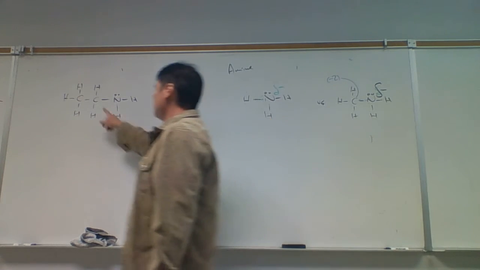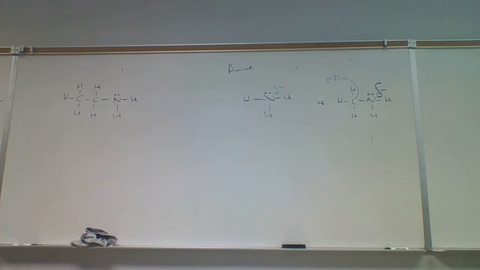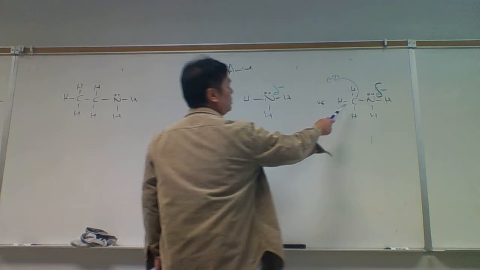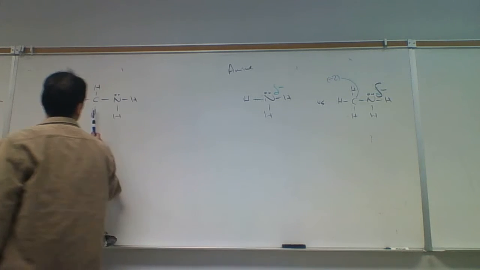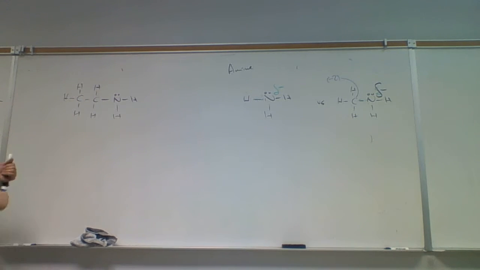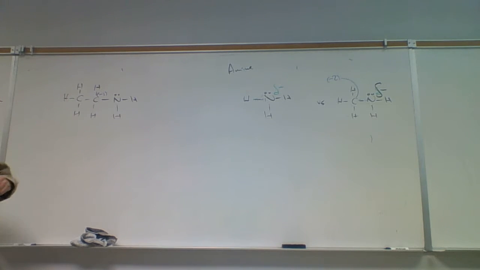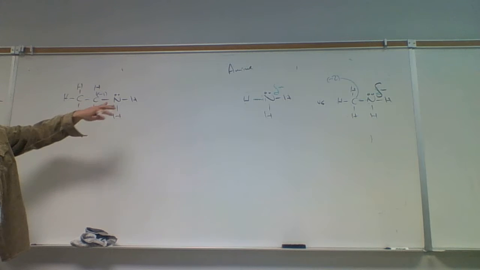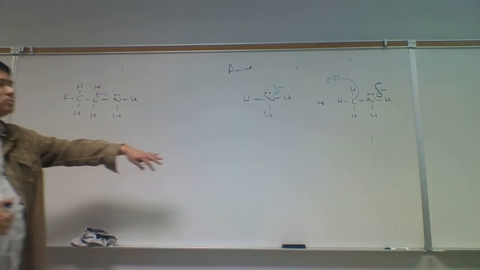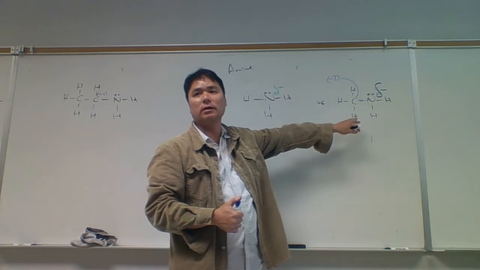What's the oxidation state on this carbon? Well, this one's -2. This one is going to be -1. So now we go -2 carbon versus -1. -2 is better. -2 should make a more powerful base.